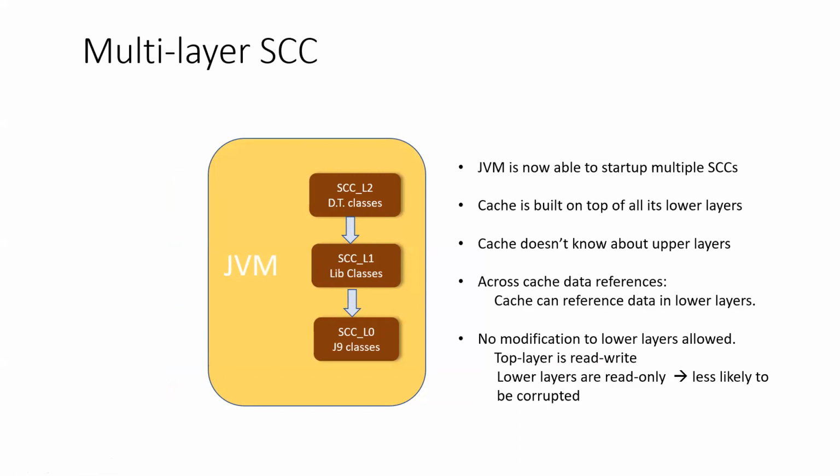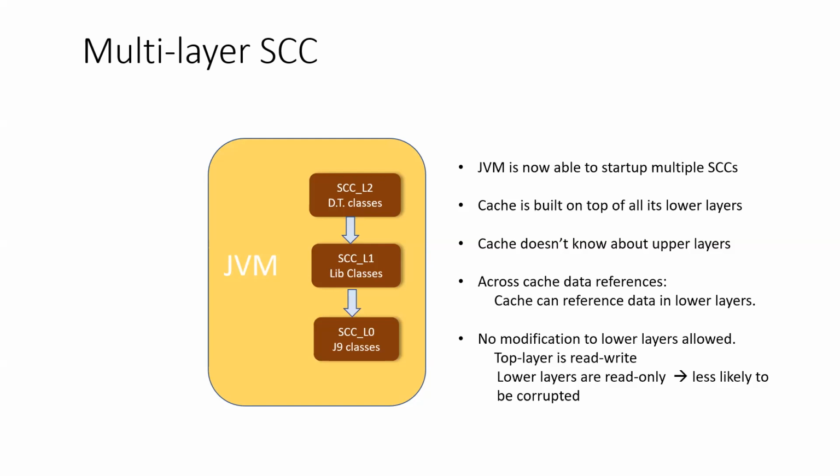The shared class cache is built on top of all its lower layers, and the cache knows about all its lower layer caches, and it doesn't know about the upper layers. We also allow cross-cache data references.